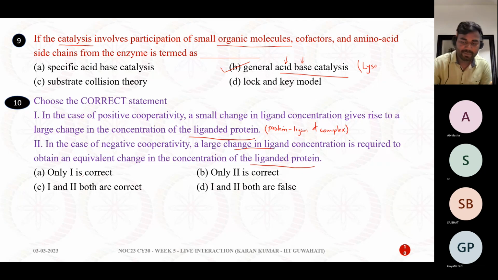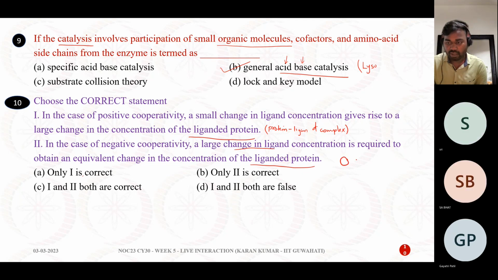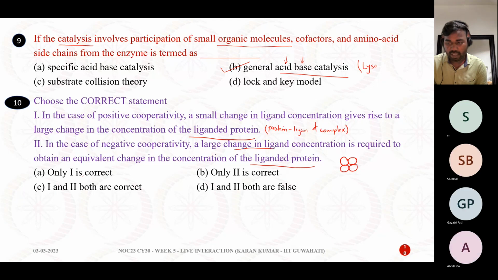Okay, let me explain this. Positive cooperativity, which you see in hemoglobin. Hemoglobin has four subunits, right? Alpha and beta.